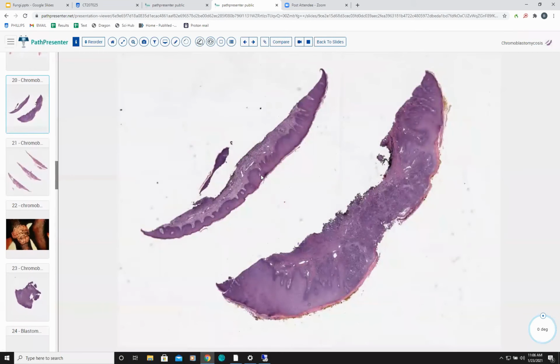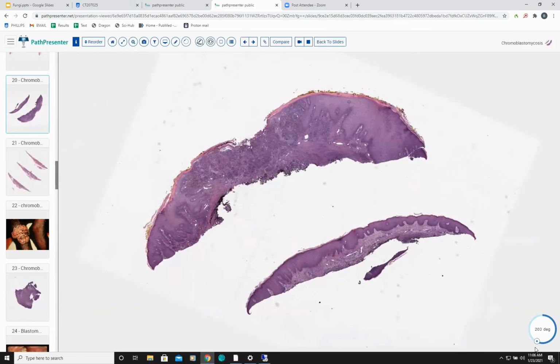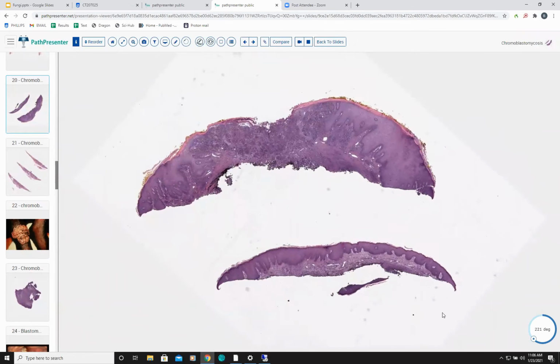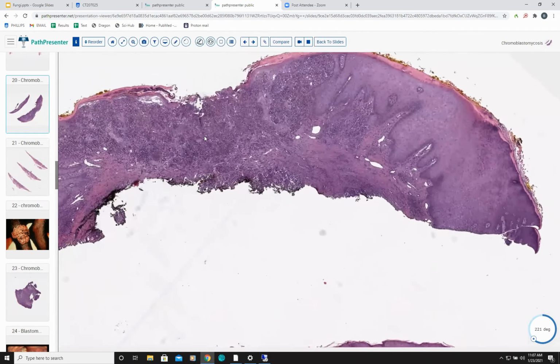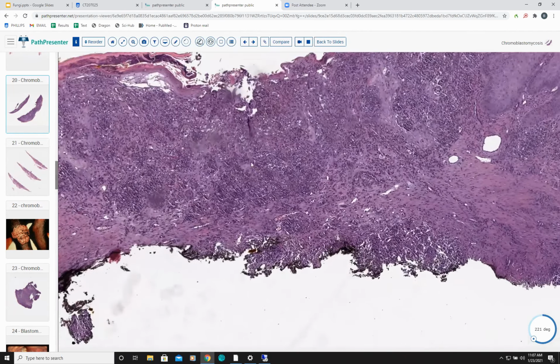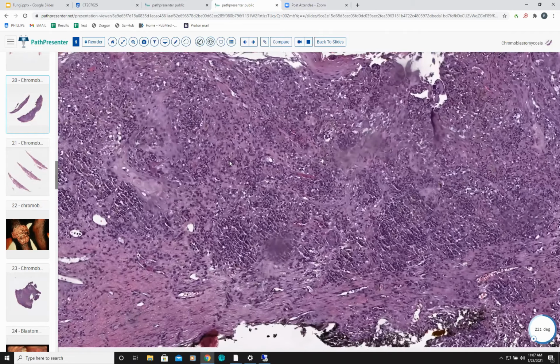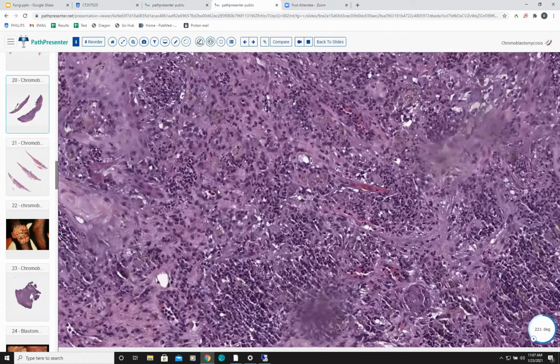The next is one we see fairly commonly. And this, even on low power, you see it's a shave with pseudoepitheliomatous hyperplasia, hyperorthokeratosis, acanthosis, thickened elongated rete ridges, an ulcer, and a dense inflammatory infiltrate underneath the ulcer. Slide's a bit thick, but let's see what we can see.